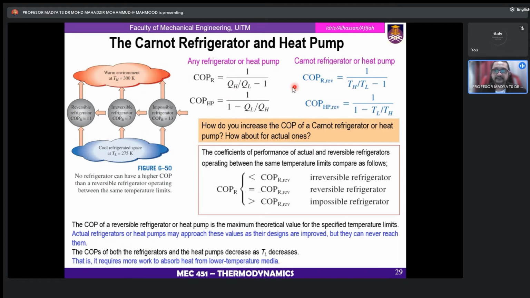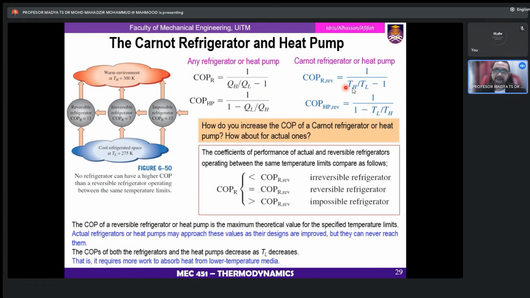The equations become 1 over QH over QL minus 1 for the heat pump, and 1 over 1 minus QL over QH for the refrigerator.